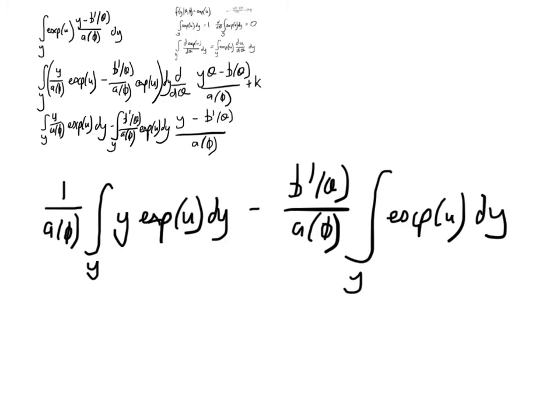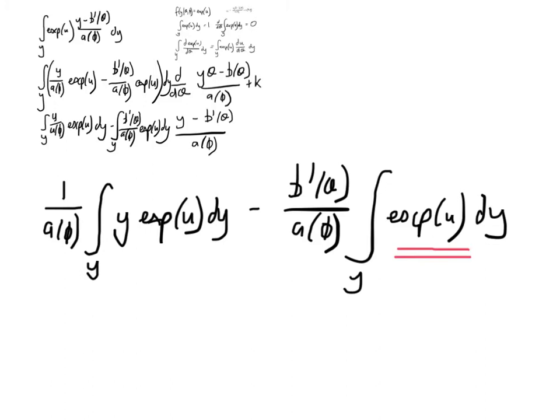And now we get to something that's really very simple to deal with. We can instantly recognise what's going on here is that I'm integrating a valid probability density function over the whole range of values of y, so we know that this is equal to 1.